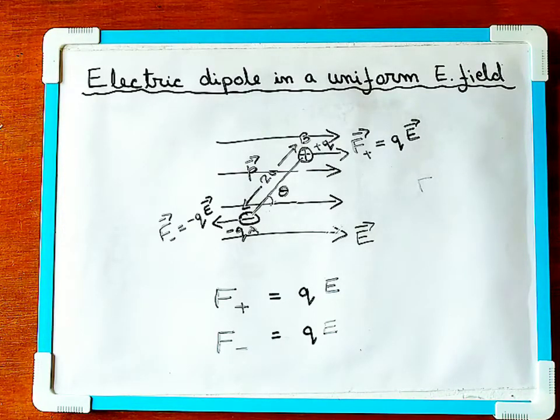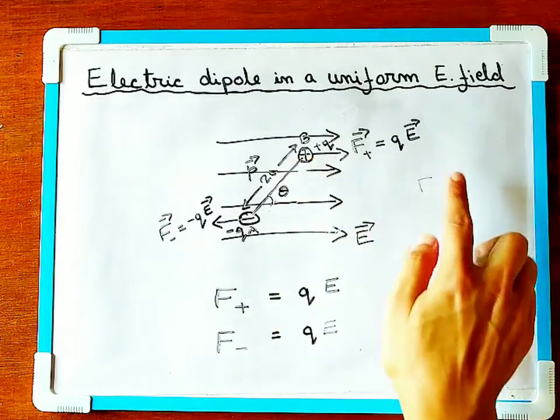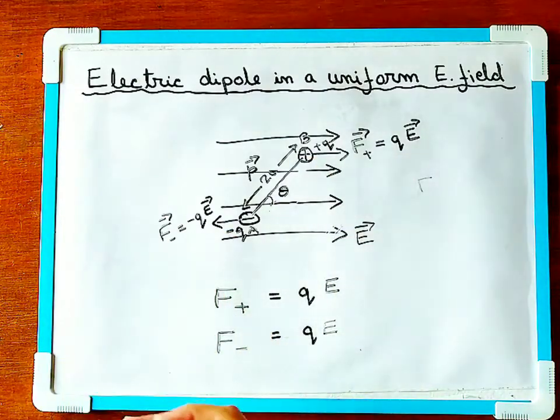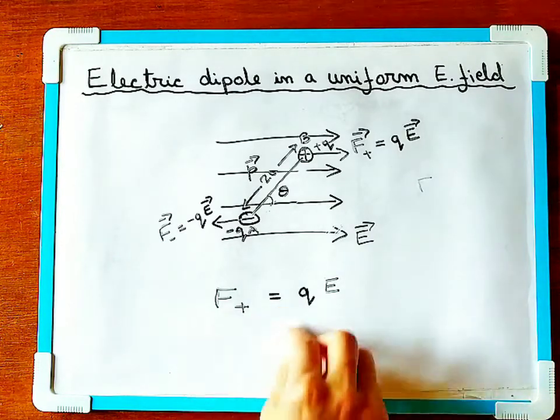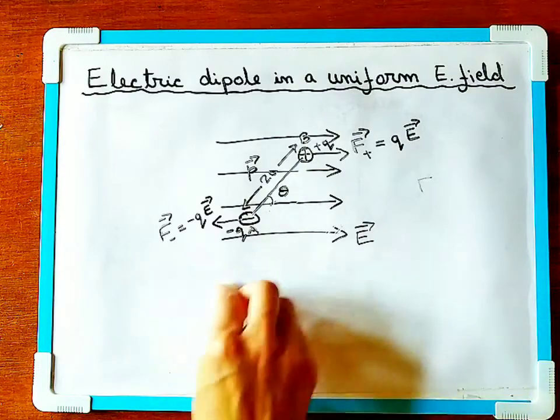They are equal in magnitude, but they are in opposite direction. One is in this direction, another one is in this direction. Okay, so these two forces are equal in magnitude but opposite in direction.